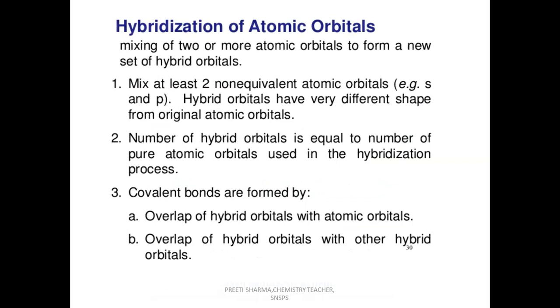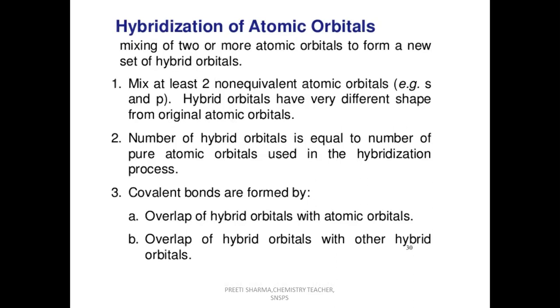Hybrid orbitals have very different shapes from the original atomic orbitals, but that shape is equivalent in energy, right? The number of hybrid orbitals is equal to the number of pure atomic orbitals used in the hybridization process. Covalent bonds are formed by overlapping of hybrid orbitals with atomic orbitals and overlap of hybrid orbitals with other hybrid orbitals. It can be possible, right, students?